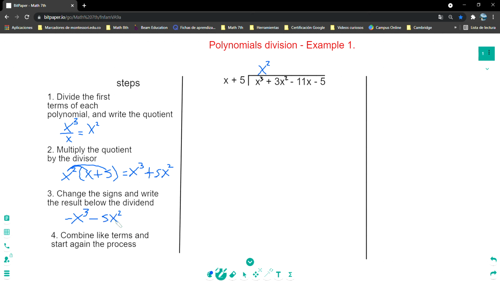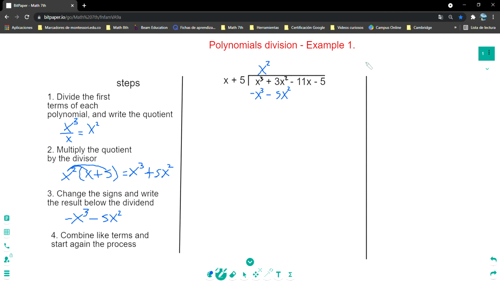So guys, we are going to write this expression here below the dividend, below each like term. Minus x to the power of 3 goes here, and the second expression, minus 5x squared, we write right here. Okay, ready the third step.